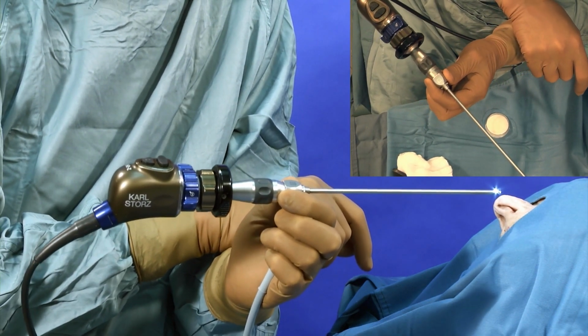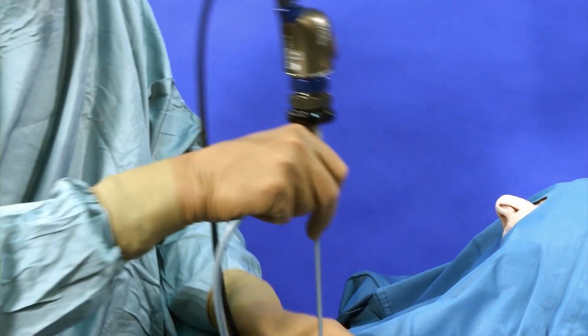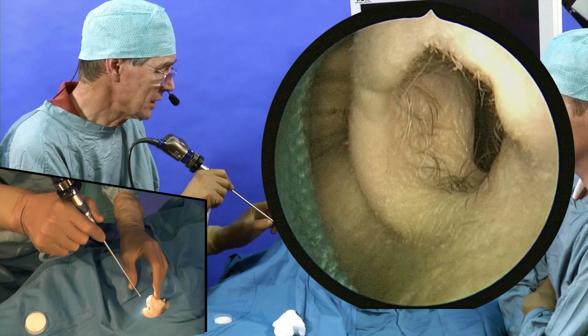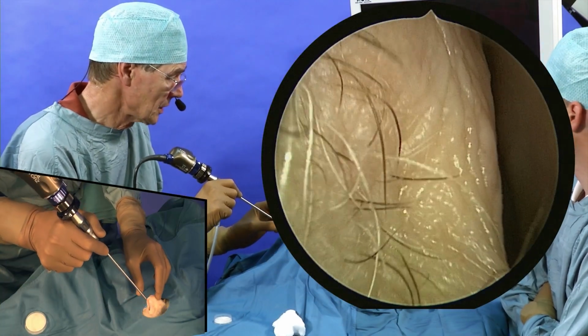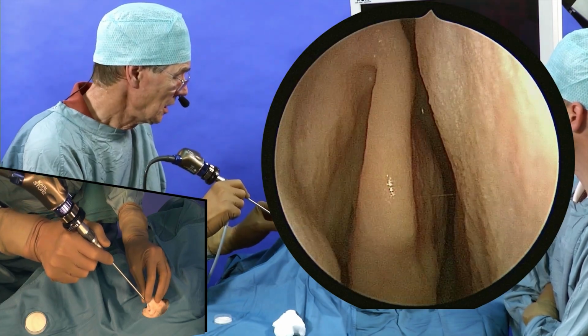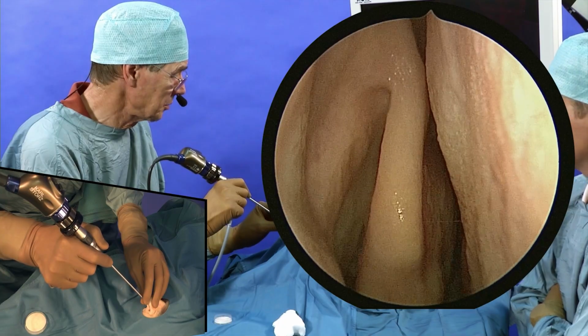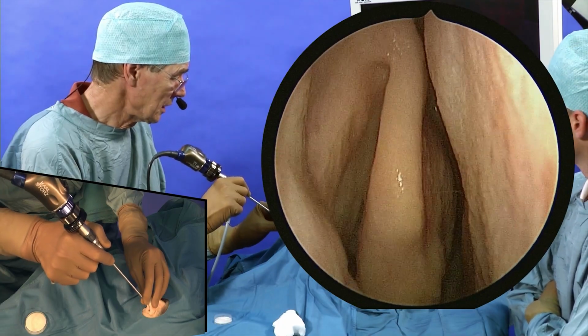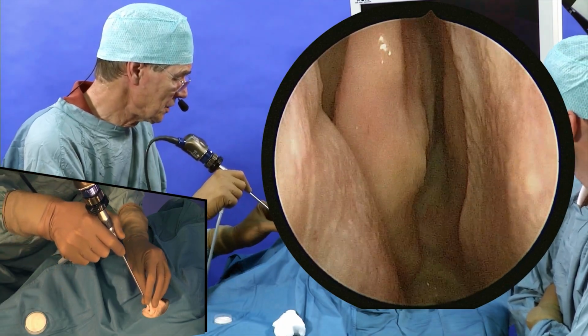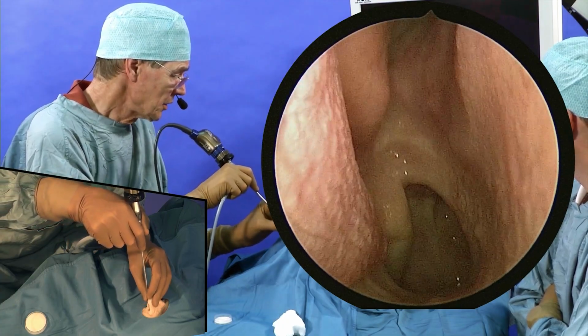Let's try to use this for a diagnostic run through that nose over here. So we enter through the right nostril of our specimen, have a nice glimpse onto the middle meatus, see the middle turbinate, up there the agger nasi, and I try to carefully go down now to the nasopharynx.